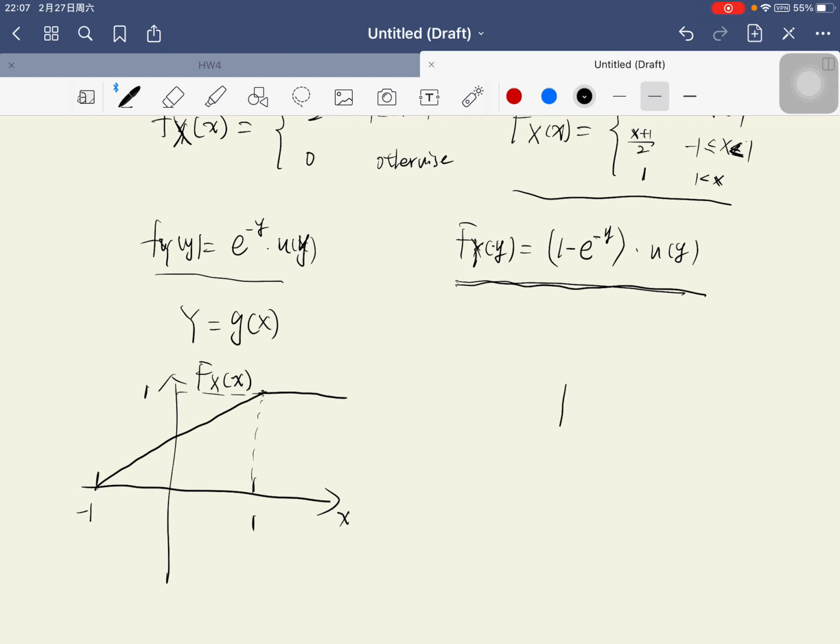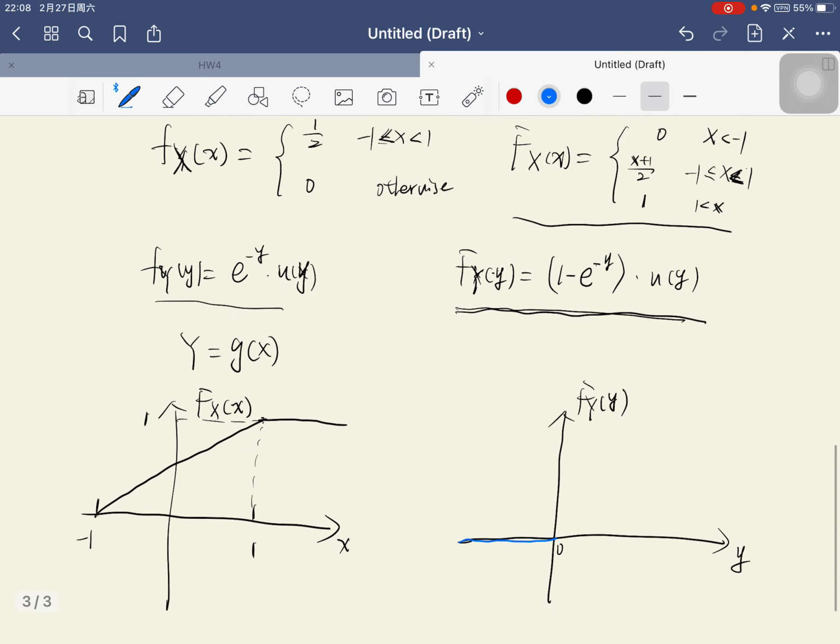And for the distribution function of y, when y is below 0, it is 0, and when y is over 0, it is equal to this function, the exponent graph curve, like this.